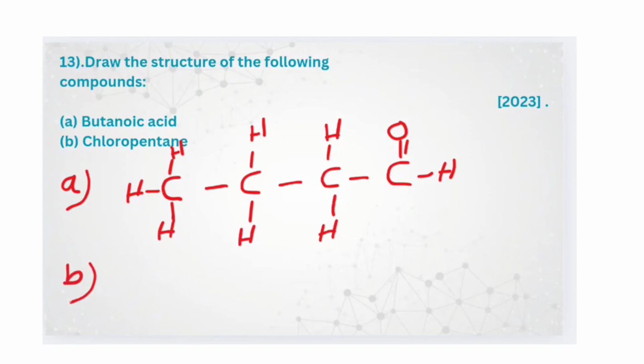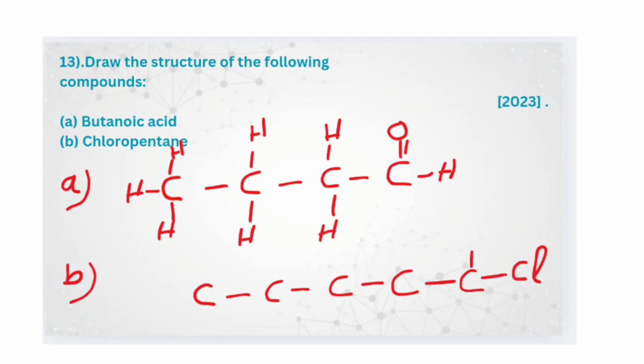Then B. Chloropentane. Chloro is a prefix of halogen and pentane means 5 carbon atoms. First we have to draw 5 carbon atoms. And chloro is the functional group, so we are adding Cl.